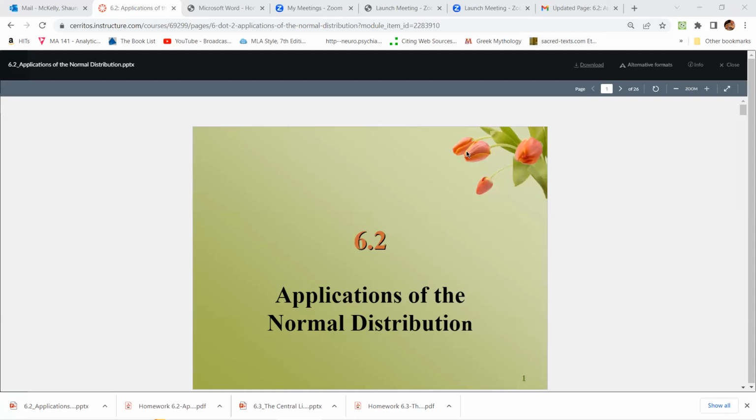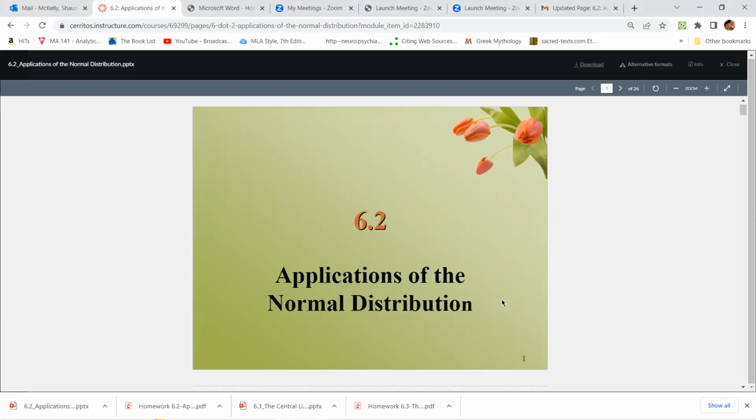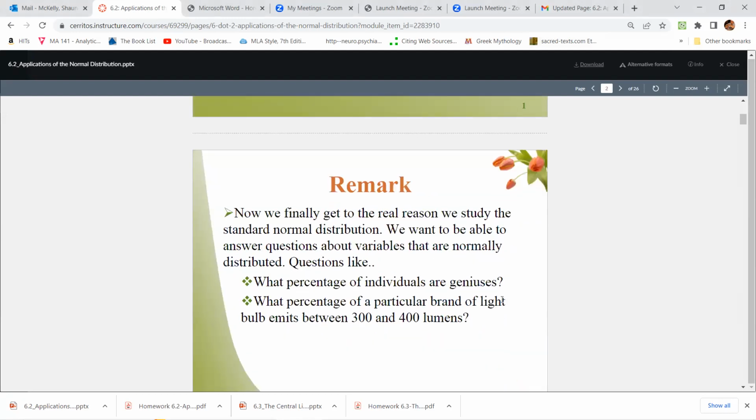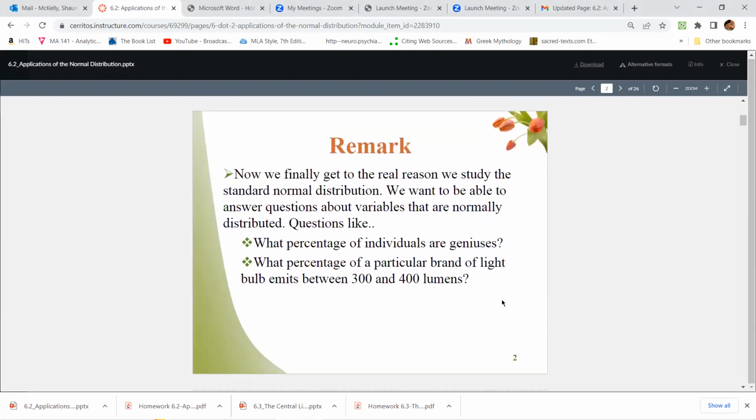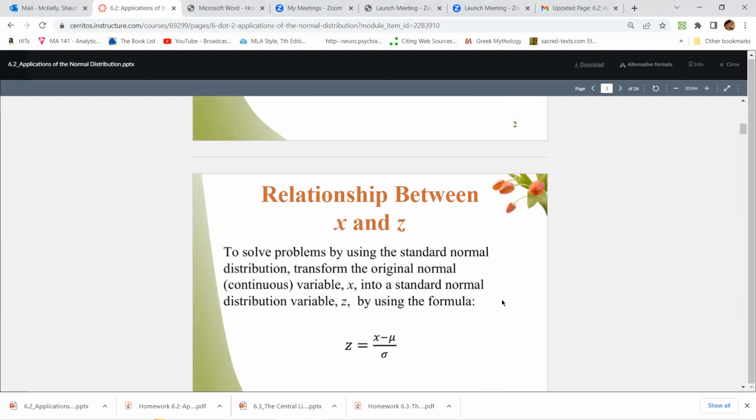So 6.2, applications of the normal distribution. Remember, normal means I'm looking at a bell-shaped curve, right? And then we have some examples of what this looks like.